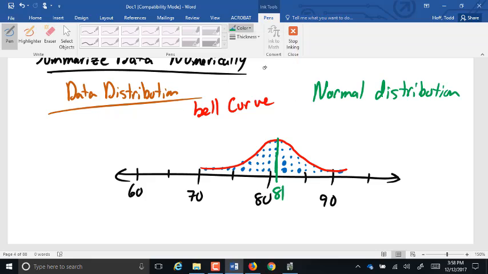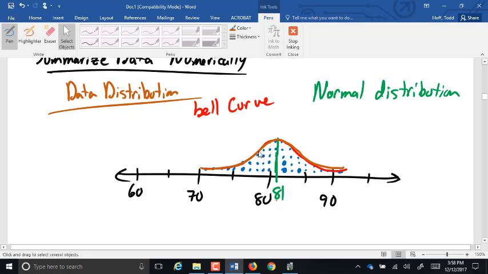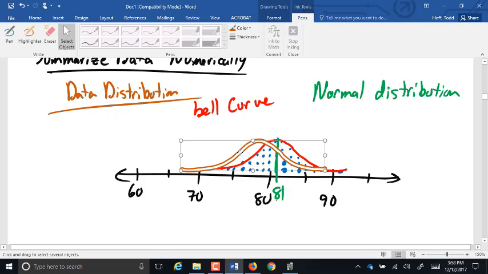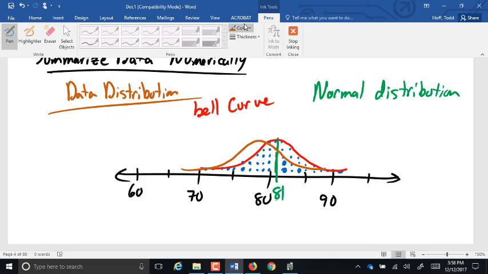Let's say I have another curve that looks like this. If I wanted to describe that curve, I would say that its center is at about 78.